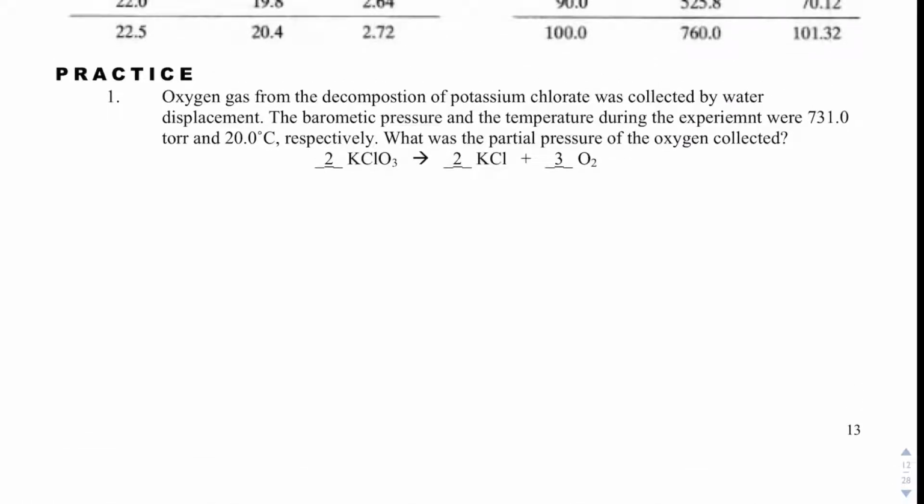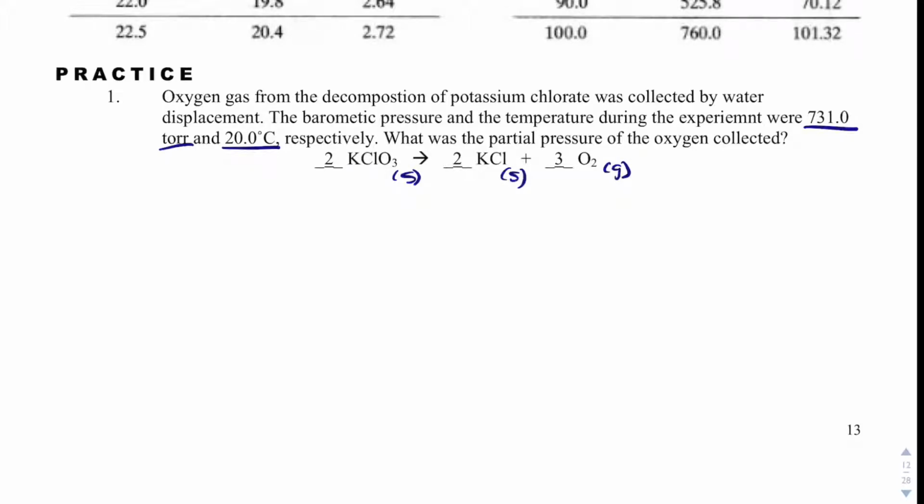Okay, so let's see what this looks like. In this first example problem, we have oxygen that is formed. This is the only gas that's formed in this reaction. And this is the decomposition of potassium chlorate. If you remember earlier in the year when we did decomposition with a gummy bear, that was this reaction. And the total pressure during the experiment was 731 torr, and we're at 20 degrees Celsius.